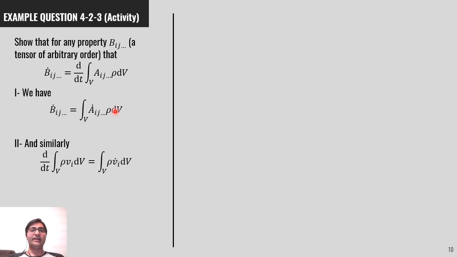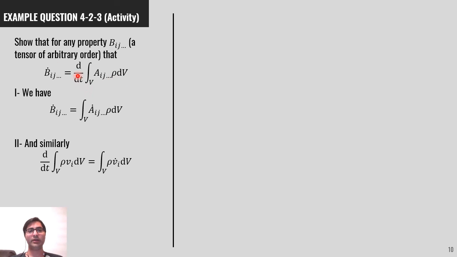Finally, here is an example for you to work out during the break before we start the third part of this lecture. It says show that for any property b_ij..., which is a tensor of arbitrary order, b dot is equal to the time derivative of the integral of a_ij... rho dv over v.